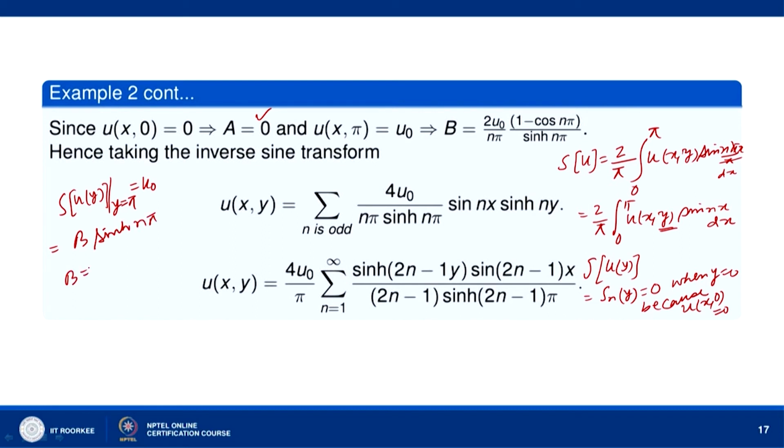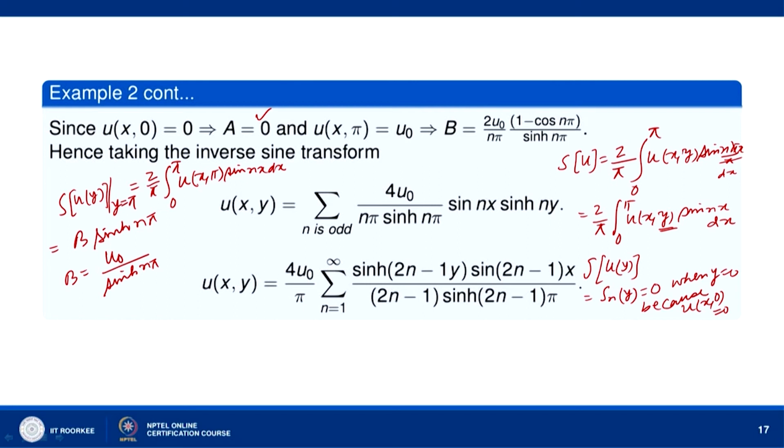So, B equals u naught over sinh(n pi). Here S_u(y) at y equal to pi is not u naught, actually it is 2 over pi, integral 0 to pi, u(x, pi) sin(nx) dx.